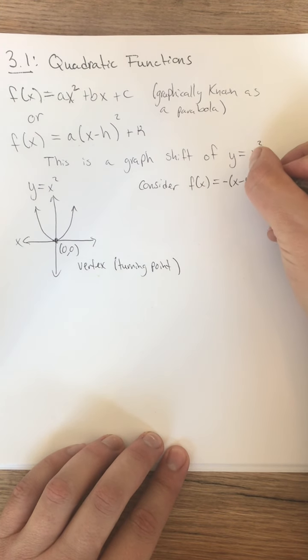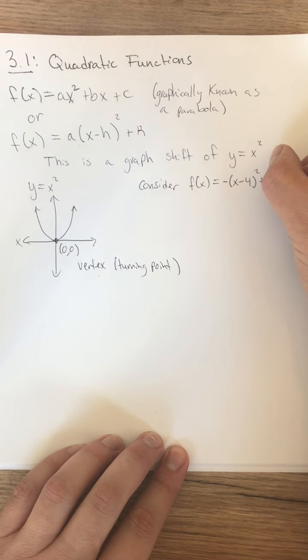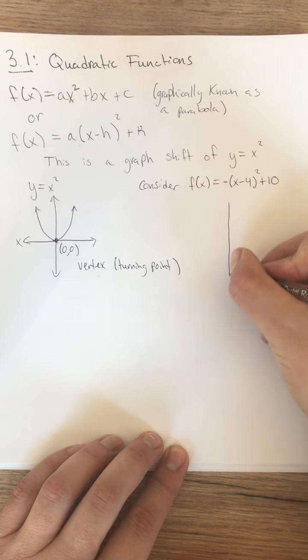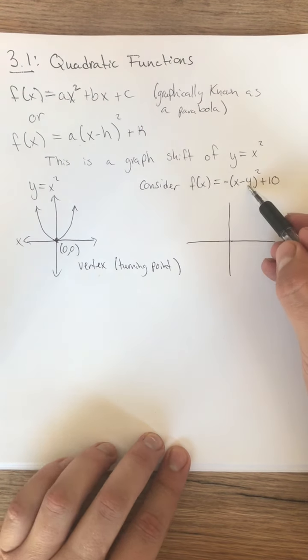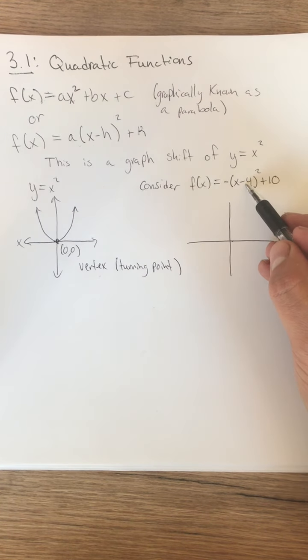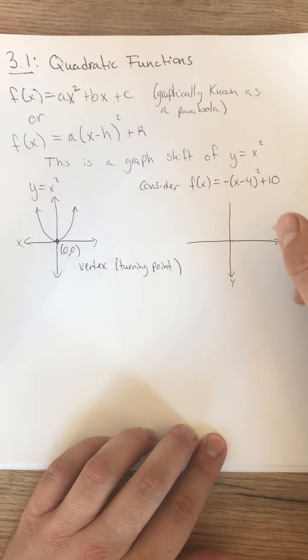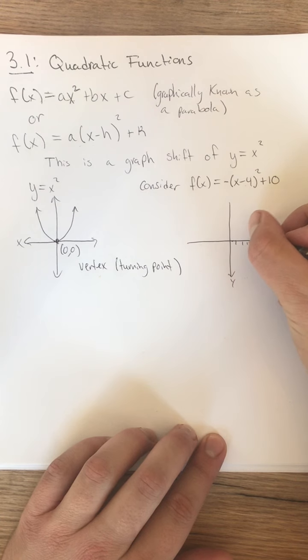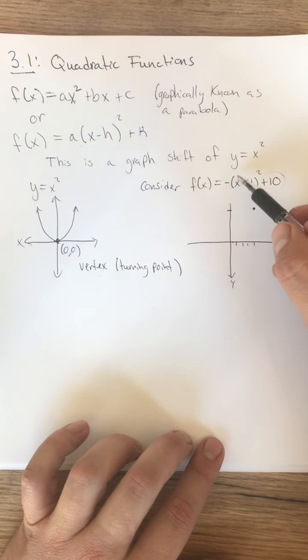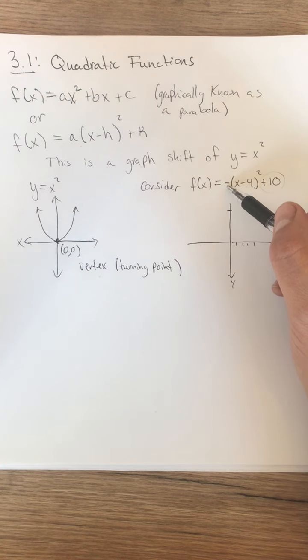If we were to consider something like f of x equals negative, let's say, x minus 4 squared plus 10, this minus 4, from back in chapter 2 when we talked about graph shifting, inside the parentheses shifts the graph right 4 units. This plus 10 shifts the graph up 10 units. Now if you remember, if you have a negative in front of the function, that is going to flip the graph.